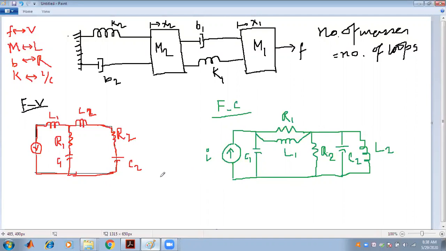So R becomes R, L becomes C, C becomes L, and series branch becomes shunt branch, shunt becomes series. That is how we find the force voltage and force current analogy of a mechanical system.